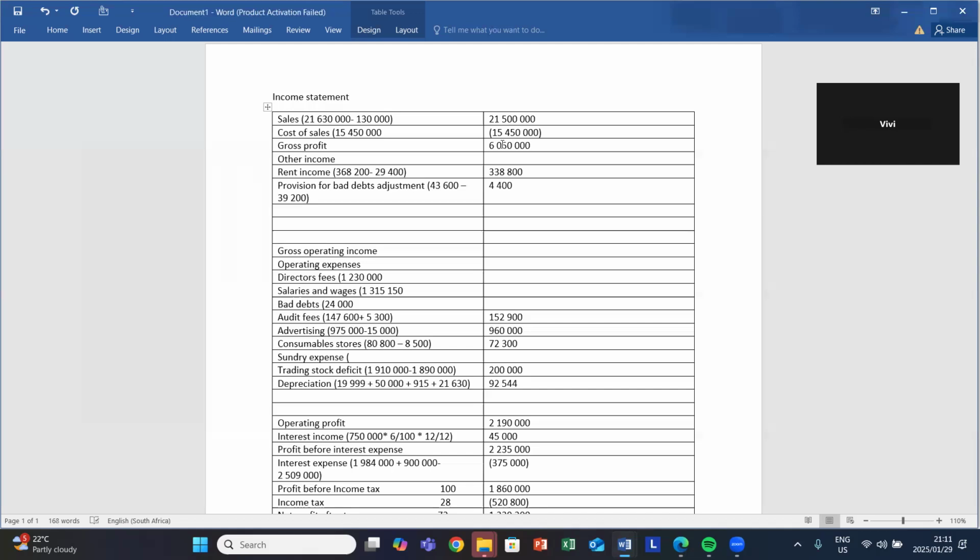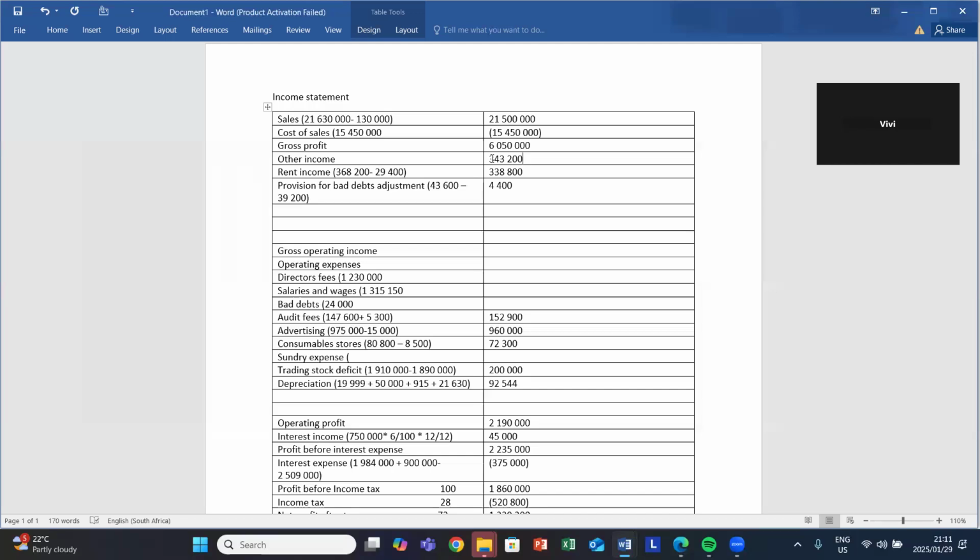And then let's add our income so that we get the total of other income. We'll say 4,400 plus 338,800, and then we'll get our other income as 343,200, right? Yes, sir.